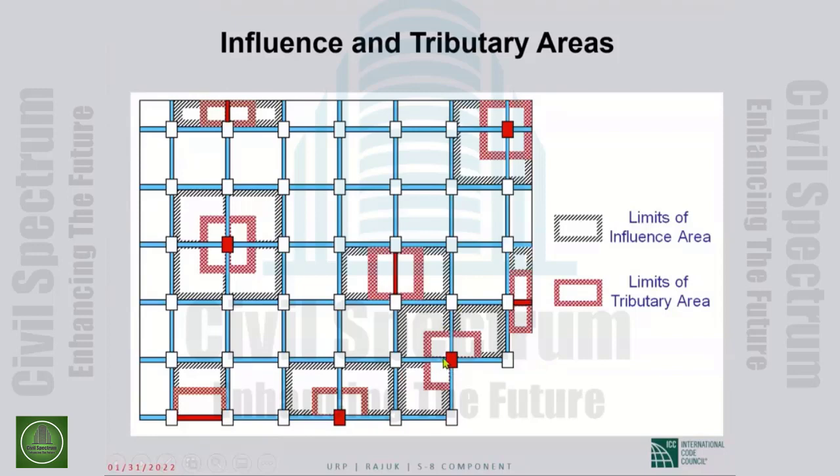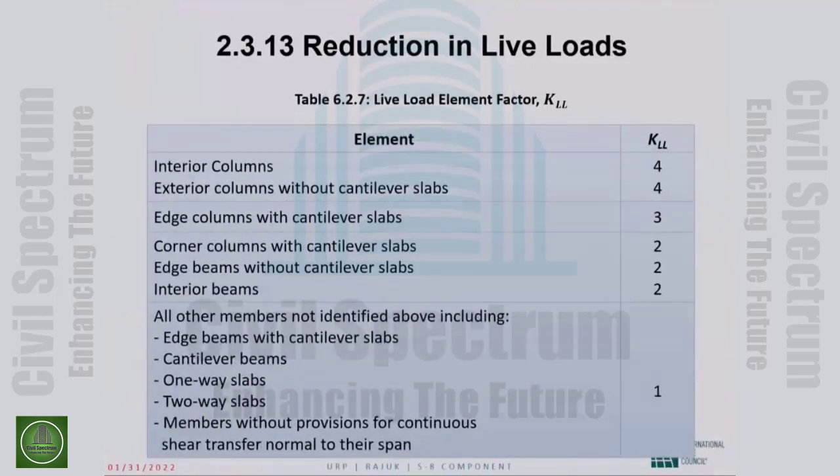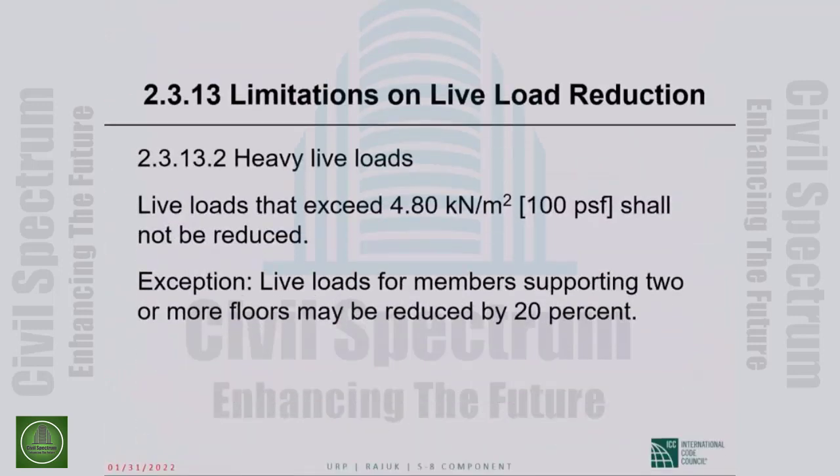For this column, this is the tributary area, this is the influence area. So this is a very, very nice picture. Essentially it removes the confusion. K sub LL is given in this table. Okay. Interior columns is 4, exterior columns without cantilever slabs is 4, and so on and so forth.